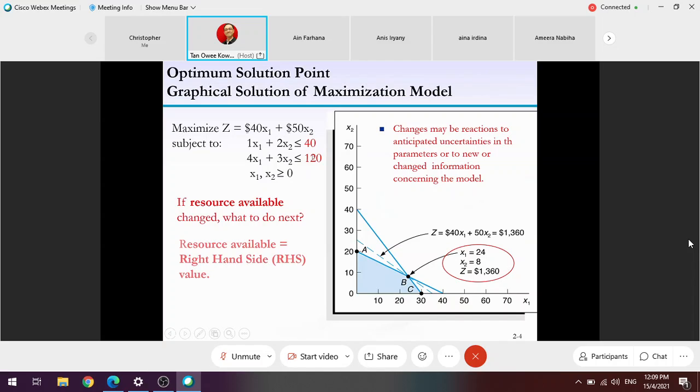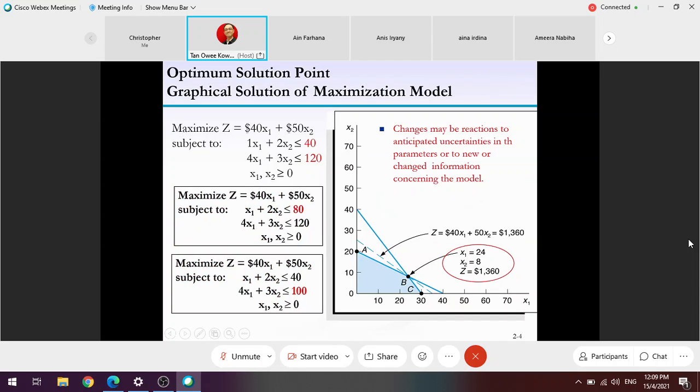And for change of resources, we are interested to know the resources that are available, or the constraint of resources, where we call these two numbers right-hand side value. I already explained right-hand side value. So right-hand side value also can change.